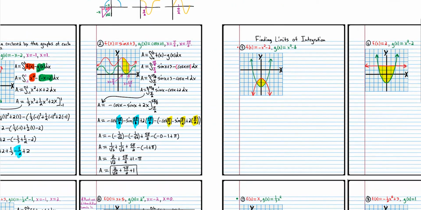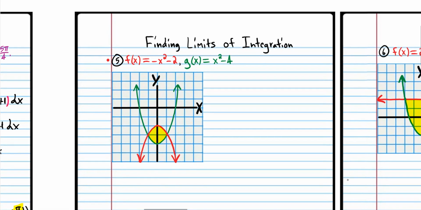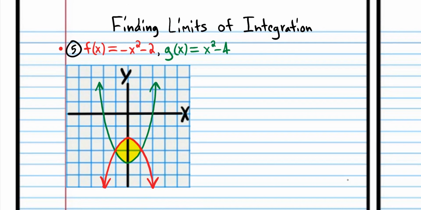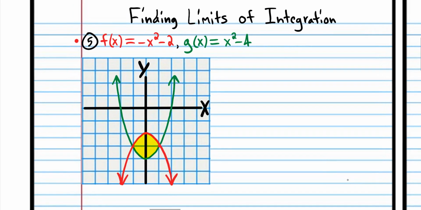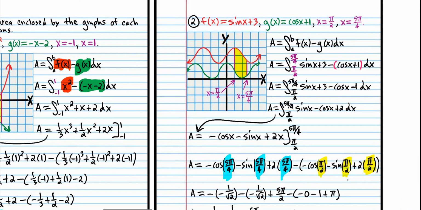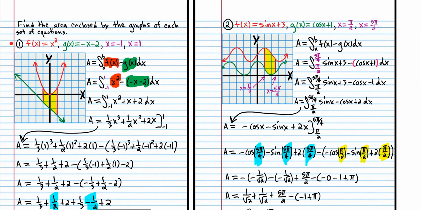Okay, so we're going to do the next problem together. These problems are entitled Finding Limits of Integration. Why do we have that title? Well, because notice that there are no purple equations over here. In the previous problems we had these purple lines or segments, and we had these purple equations showing us the limits of integration.